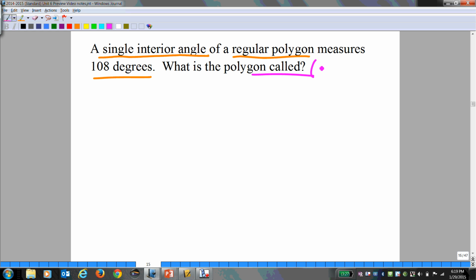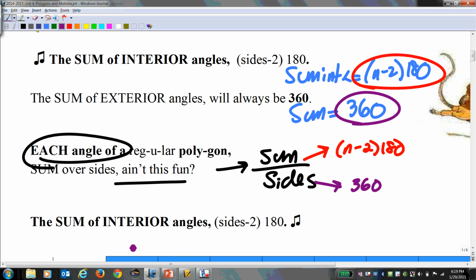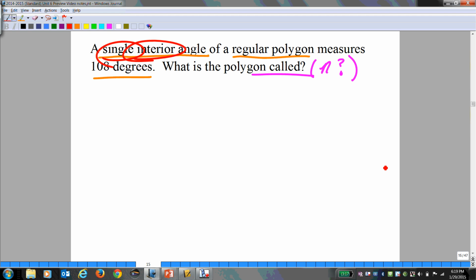Called implies we don't know the number of sides. If we did, we'd call it either a hexagon, a pentagon, a decagon, a dodecagon. So we don't know n here. We're working with interior and we're working with 1. So that's going to be sum over sides, where our sum is that.